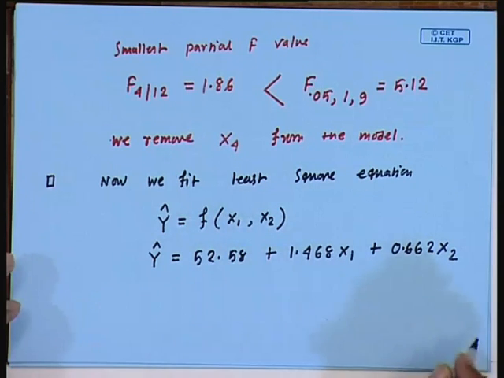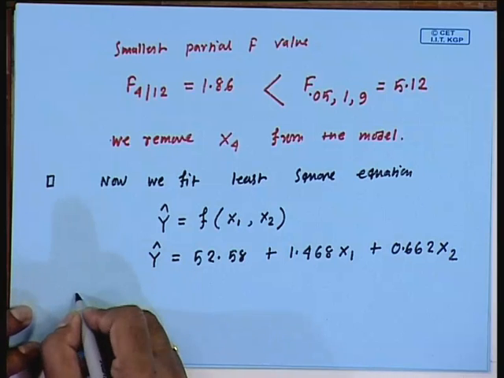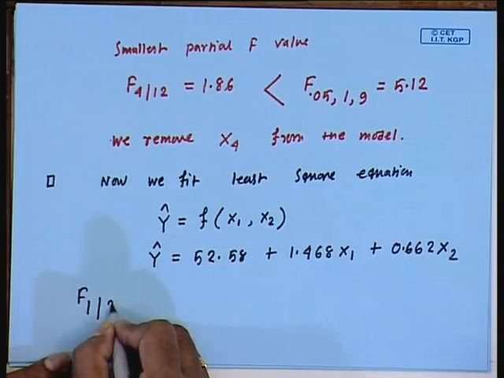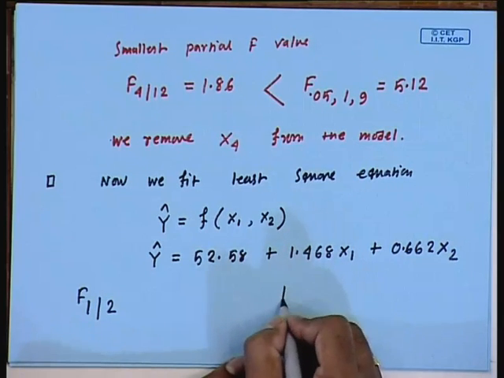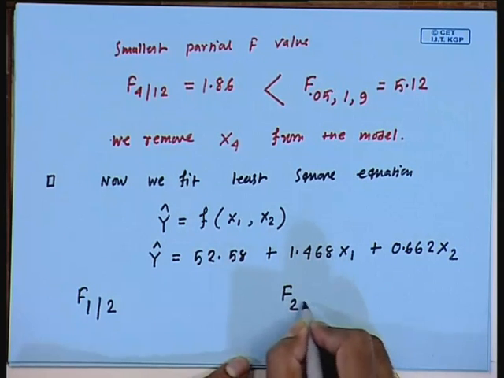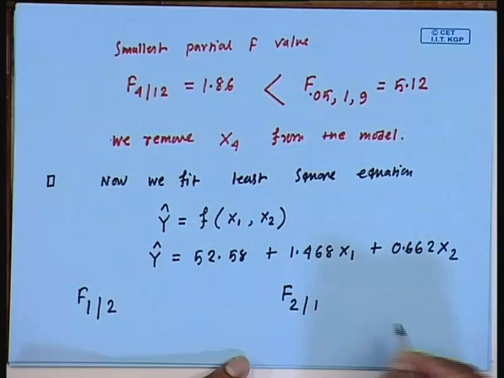So, we need to compute two partial f statistics: one associated with x1 in the presence of x2, and the other associated with x2 in the presence of x1.